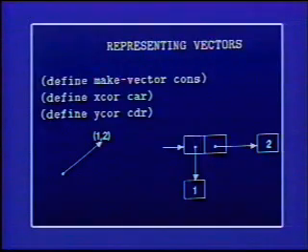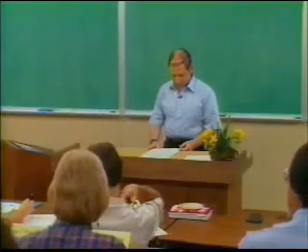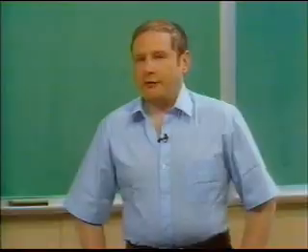And here I'm saying, define make vector to be the thing that cons is. And that means that's almost the same as the other way we've been writing things. And I just want you to get used to the idea that procedures can be objects, and that you can name them. Okay, well, there's vector representation.